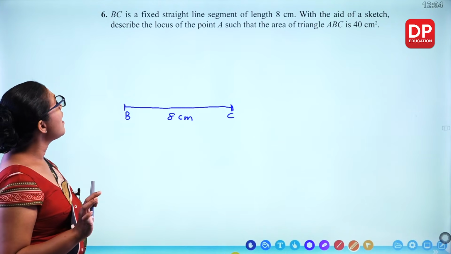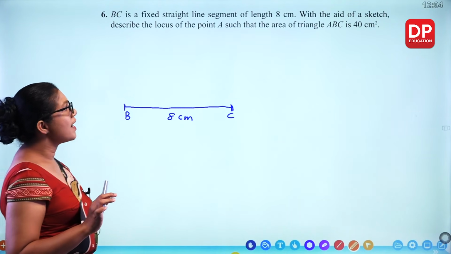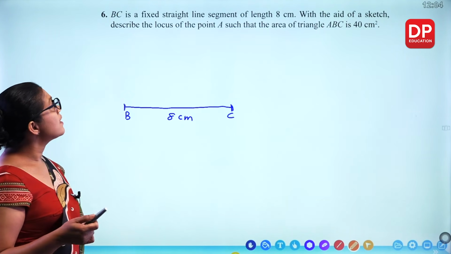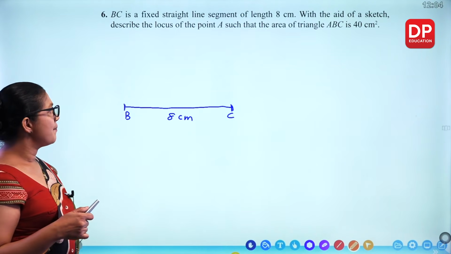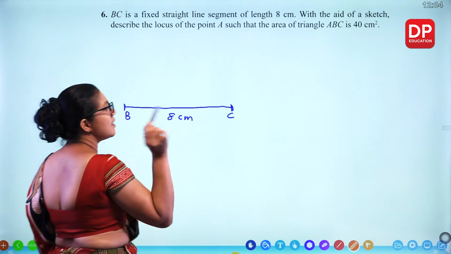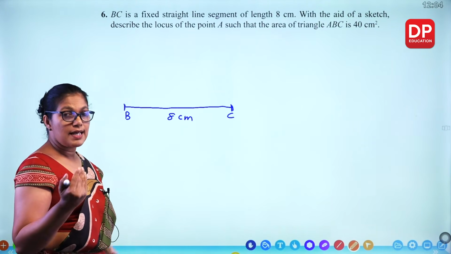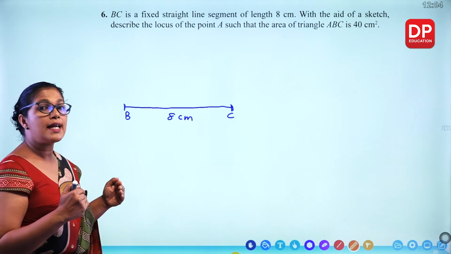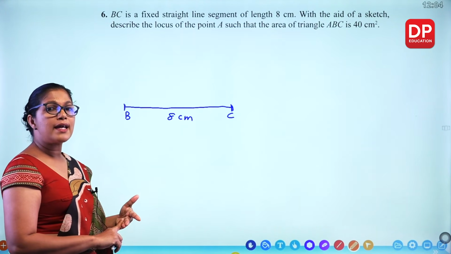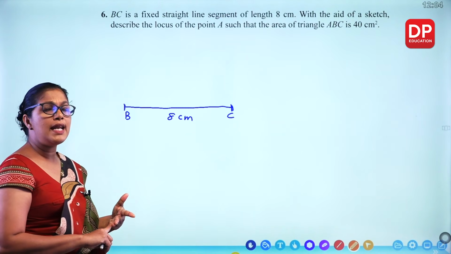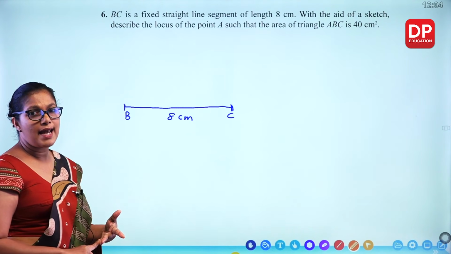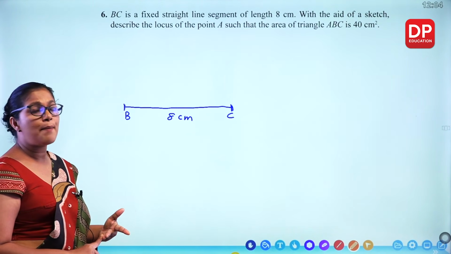So the area is the same. You are asked to find out what's the locus of the point A. Now when you take the area of triangle, we know that area of triangles are equal when the triangles are in between same parallel lines and on same base.